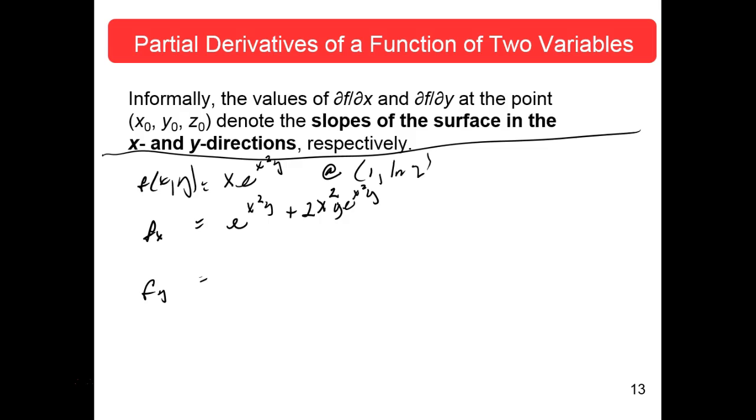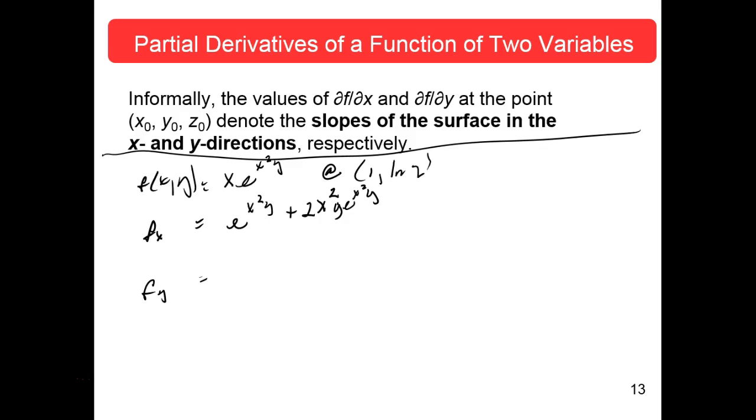You did the easy one first, the derivative of the first times the second. Done. Plus the first, and that's where the 1x comes from, times the derivative of the second. The derivative of the second is e to the x squared y, times the derivative of this with respect to x, and that would be 2xy. So you need to multiply this x you have here by 2, another x, making x squared, then y. So that's it for that.